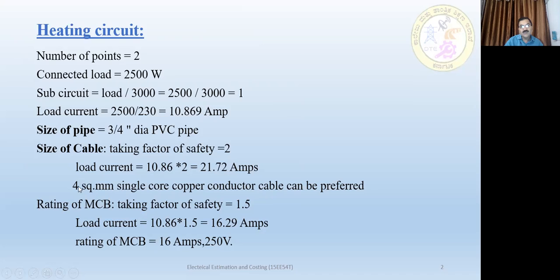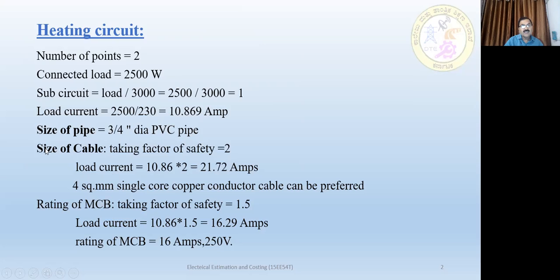For both phase, neutral, all of them, we can select 4 square mm cable. And we usually run 3 cables in a pipe. The size of pipe required to run 3 numbers of 4 square mm cable is 3/4 inch dia PVC pipe, or we can go for 1 inch dia pipe.